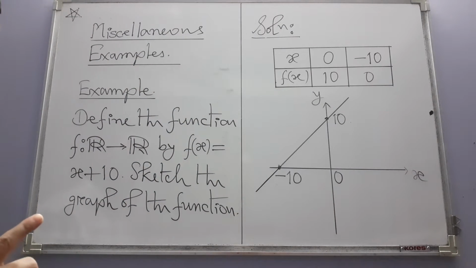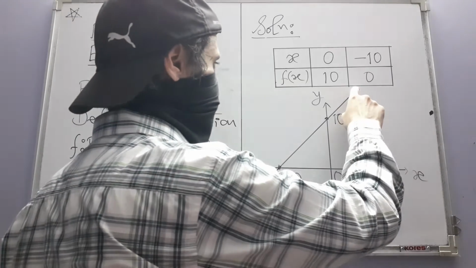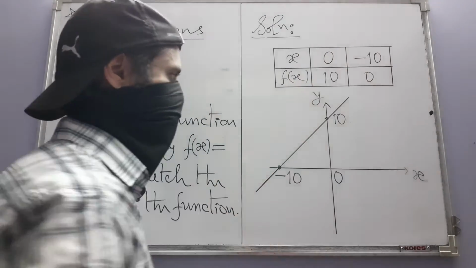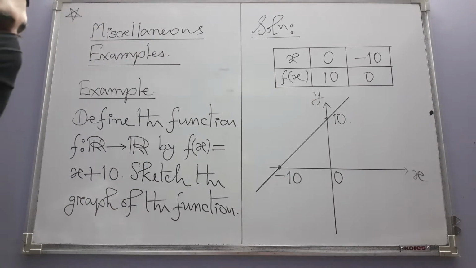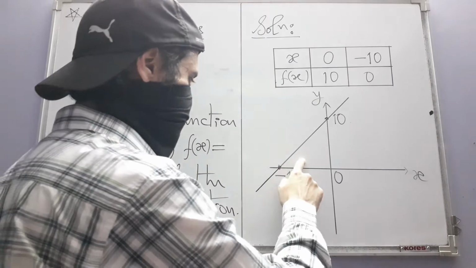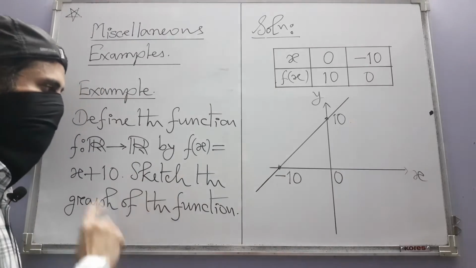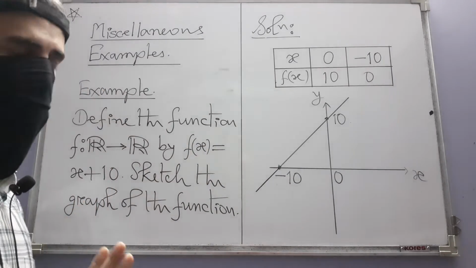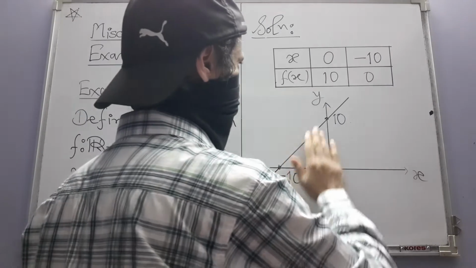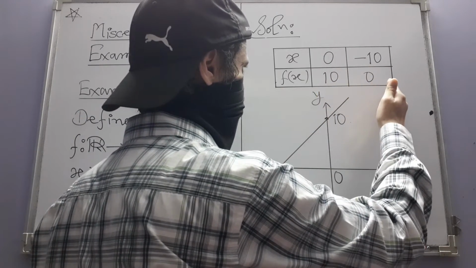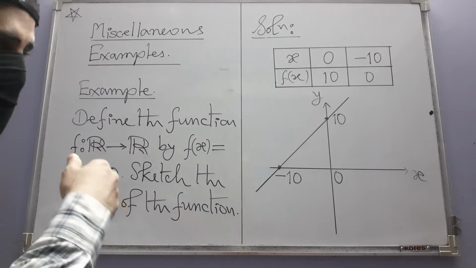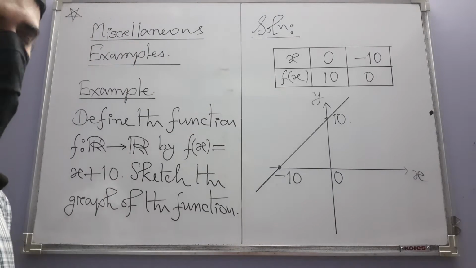Keep in mind though that you may be expected to put more points, because here we are using the fact that the graph of any such function is a straight line. However, I think it's better to show say 2 or 3 more points so that one can see that yes, the graph is a straight line.